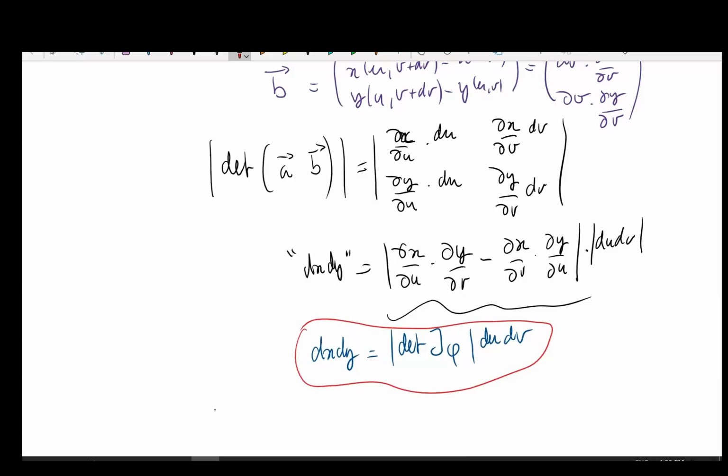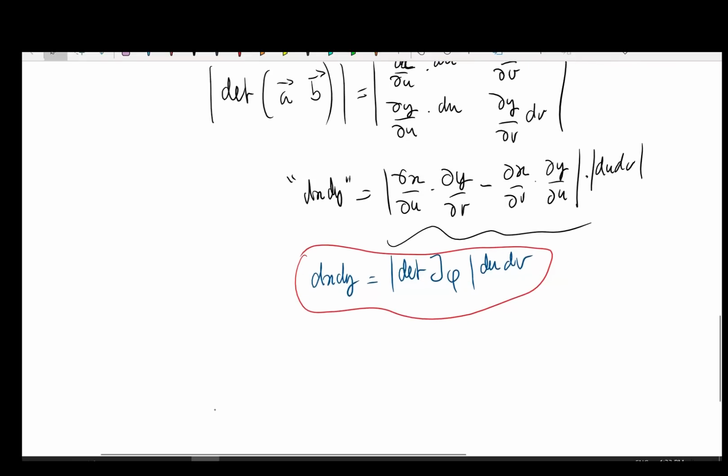Furthermore, one nice thing is that this was when x, y were given as functions of u and v, which is going to be sometimes the case. For instance, in polar coordinates, this is how it is given.